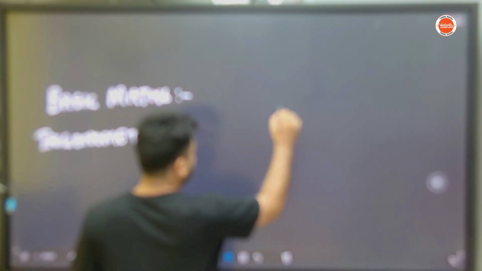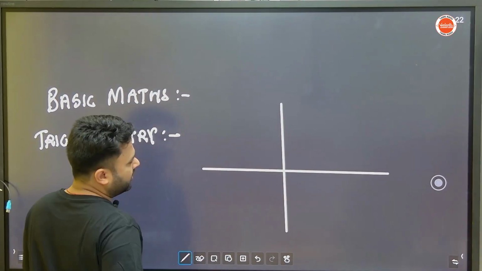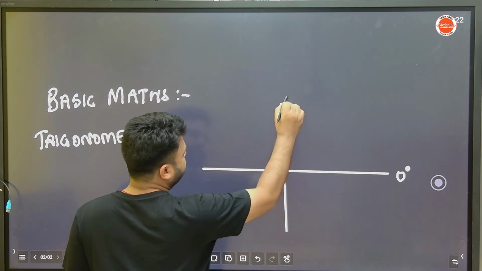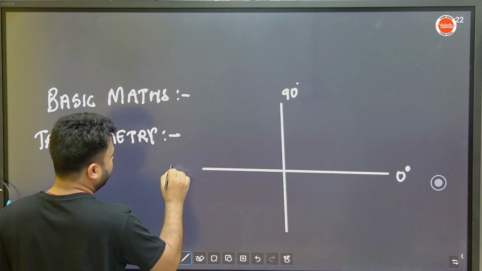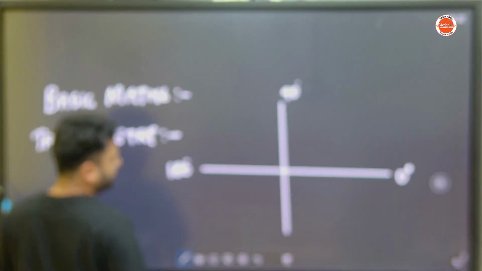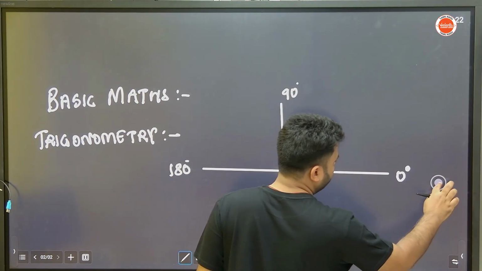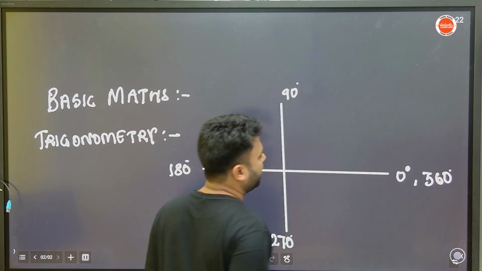See here. This part, suppose I write 0 degree, this part 90 degree, this is 180 degree, this is 270 degree, and again here 360 degree. Correct?